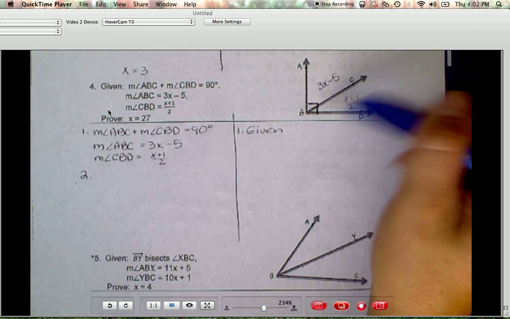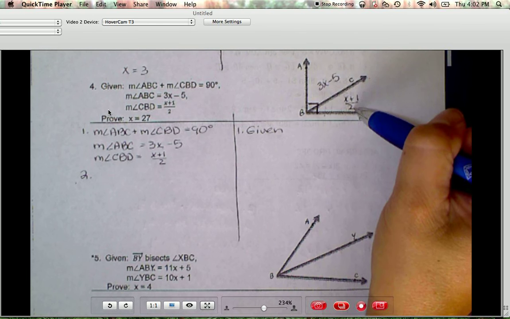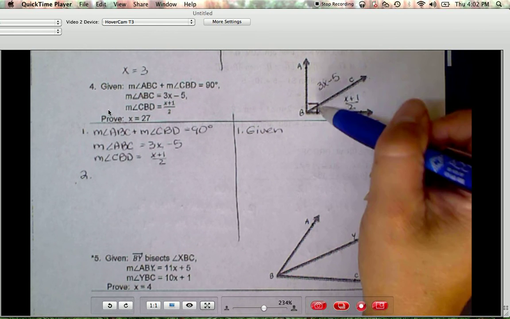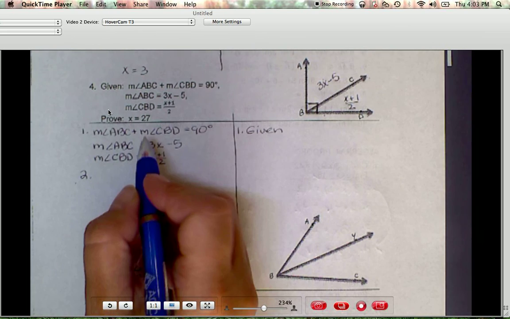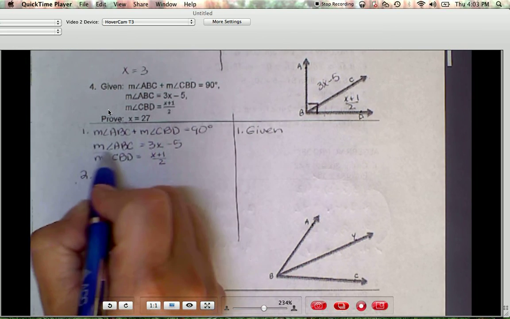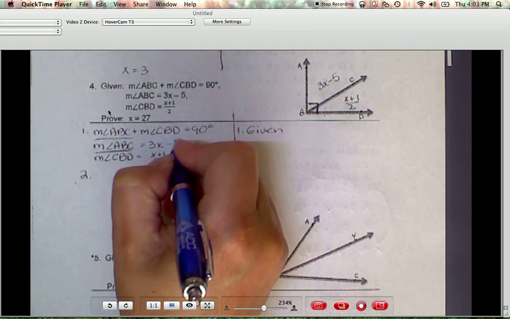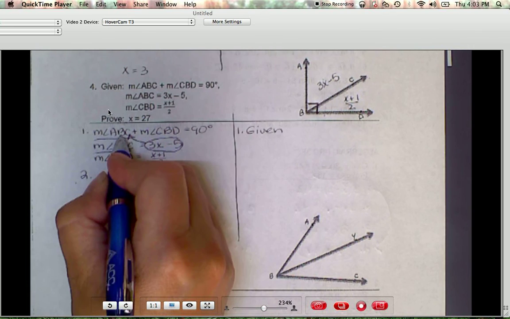Now, if we know ABC plus CBD equals 90 degrees, and we know the measures of each of these, then this one plus this one better also equal 90. So since we know ABC is equal to 3x minus 5, we're going to take 3x minus 5 and put it in place of ABC.